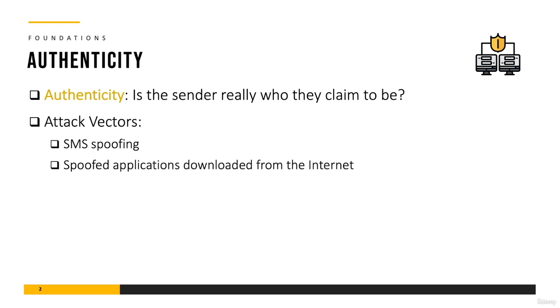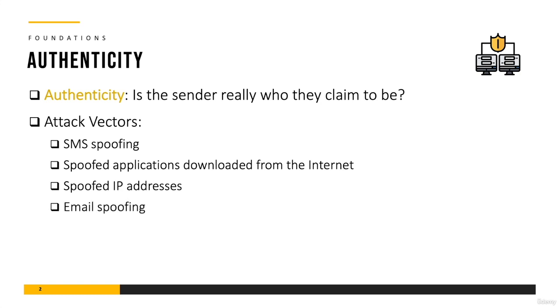It's also widely used to send spoofed applications, which you download from the internet, believing it to be from the actual company, but it is actually from attackers and they may have malware in them. Also, authenticity is violated if you are receiving something from spoofed IP addresses, widely used in network attacks.